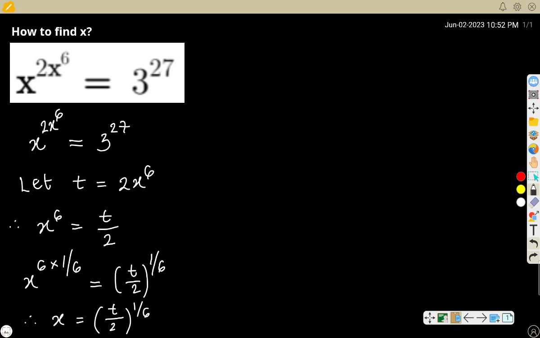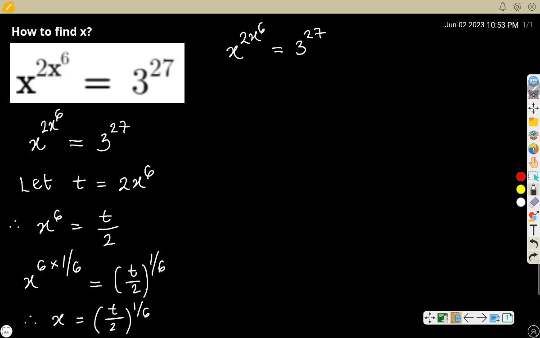So go back to the question now. So we have s raised to power 2s raised to power 6 is equals to 3 raised to power 27. So if you see my expression here, I said t should be 2s raised to power 6, and I found s is t over 2 raised to power 1 over 6.